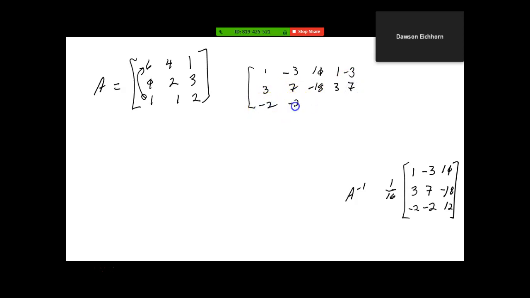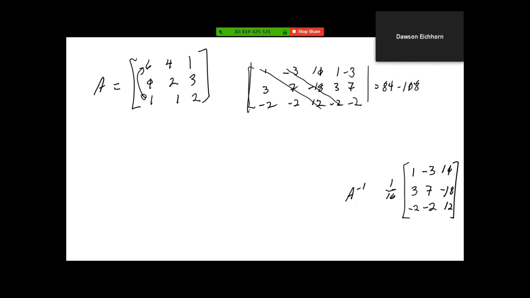Negative 2, negative 2, 12, negative 2, negative 2. Now, that's not really a determinant, but I'm going to act like it is. This would give us 84. This is going to give us 6 times 18, negative 108.